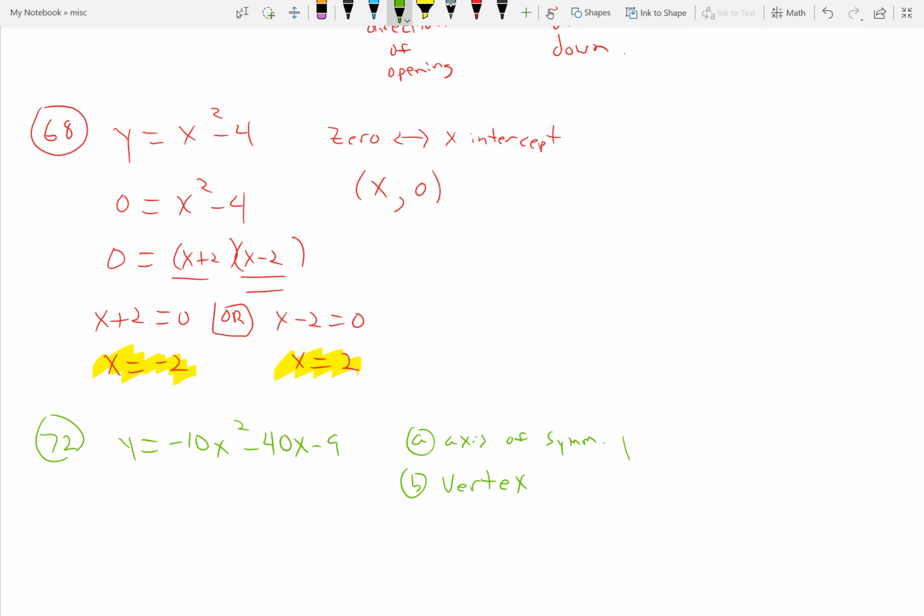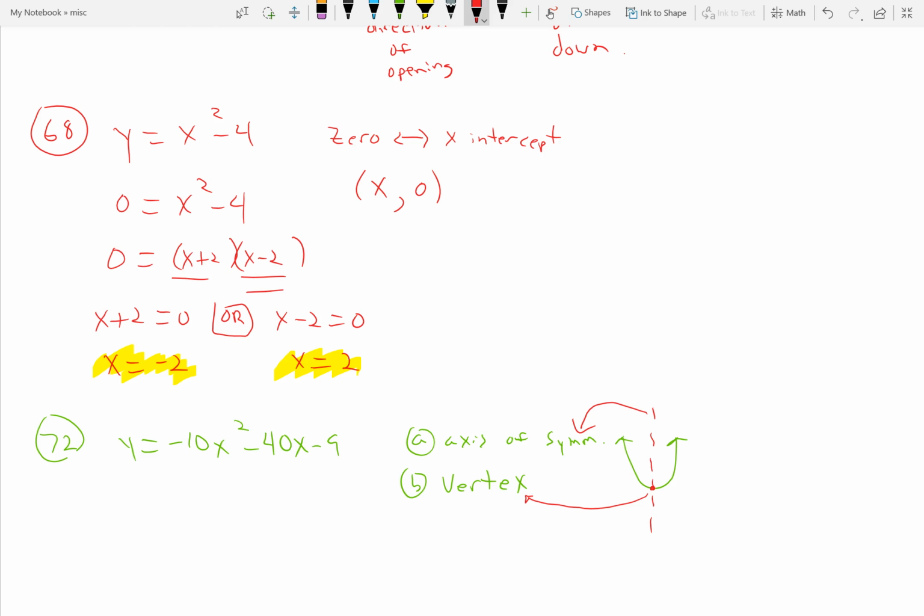If we have a parabola, this imaginary line that passes through the middle of it is called the axis of symmetry. This point here that the axis of symmetry passes through, that's the vertex.